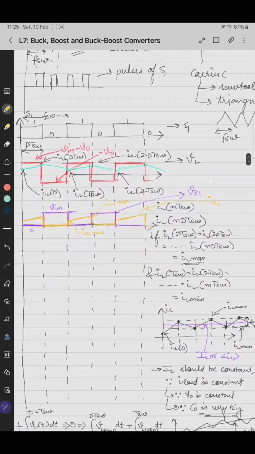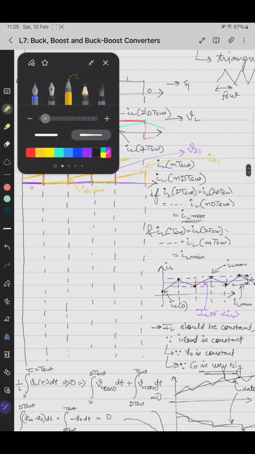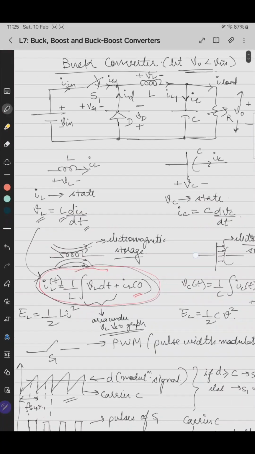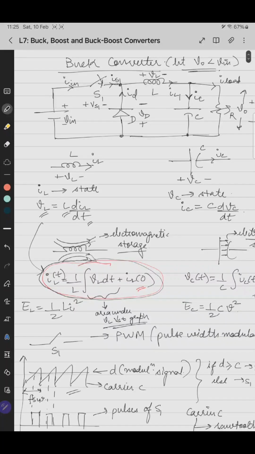Now for the diode, we'll draw for the diode. Voltage across the diode will be of the reverse polarity of that of the switch, but with different values during the off states. When the switch is on, the voltage across the diode is V in, and when the switch is off, the voltage across the diode is 0.